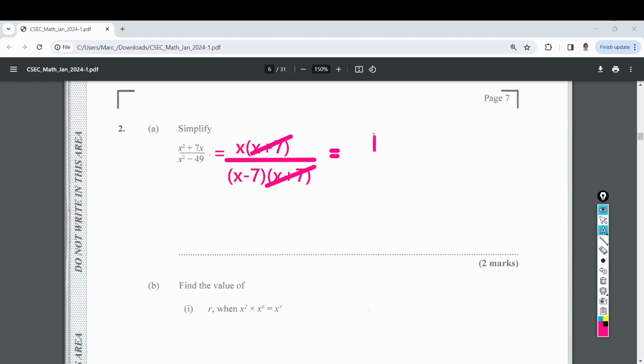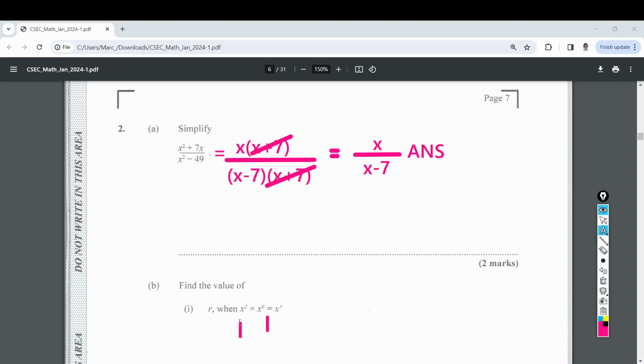So that's the answer, guys. Let's just put that. This is the answer right here. Pretty easy. Easy peasy lemon squeezy. Let me just put ANS. I like to put ANS beside my answer so I look more intelligent.